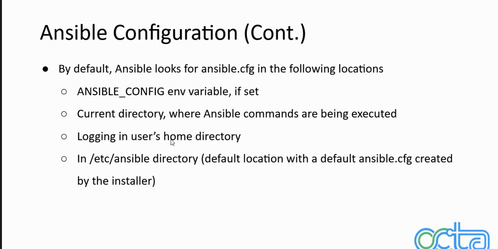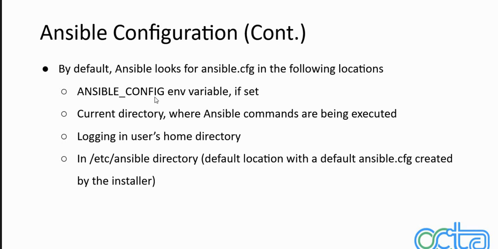Okay. So if you are putting your configuration in a file, Ansible should know where to find that file, right? So there are certain standard places where Ansible looks for this file. The first place is the environment variable. In the environment variables, it will try to look for ANSIBLE_CONFIG.